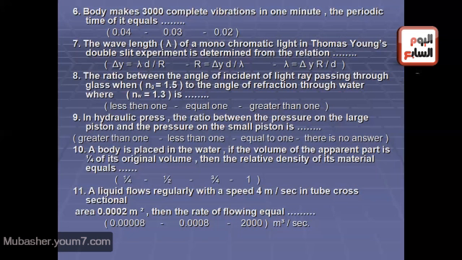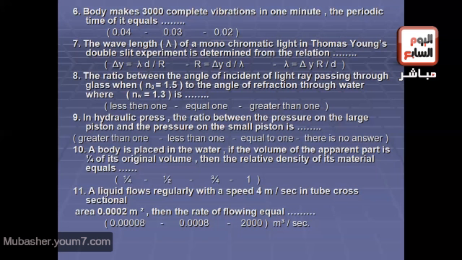That's right. Number 7. The wavelength of monochromatic light in Thomas Young double slit experiment is determined from the relation. Yes, let us remember the relation of Thomas Young experiment. It will show that delta y equals lambda r divided by d, where delta y is the distance between the two fringes and lambda is the wavelength of monochromatic light.